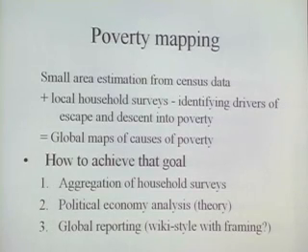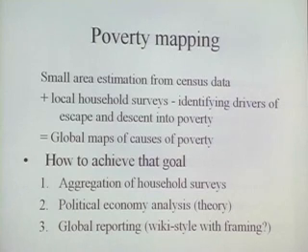What we're trying to do then is to talk about putting together poverty mapping with the causes of poverty. We think we can do this at least through three processes: aggregation of household surveys, political economy analysis, perhaps through layers of historical, economic, sociological, and environmental data. We think there's also the important possibility of using a wiki, perhaps linked to our country pages, which brings in global data.